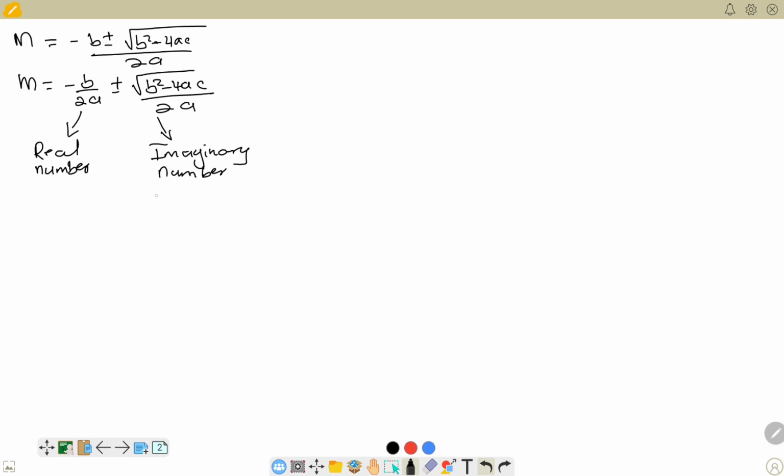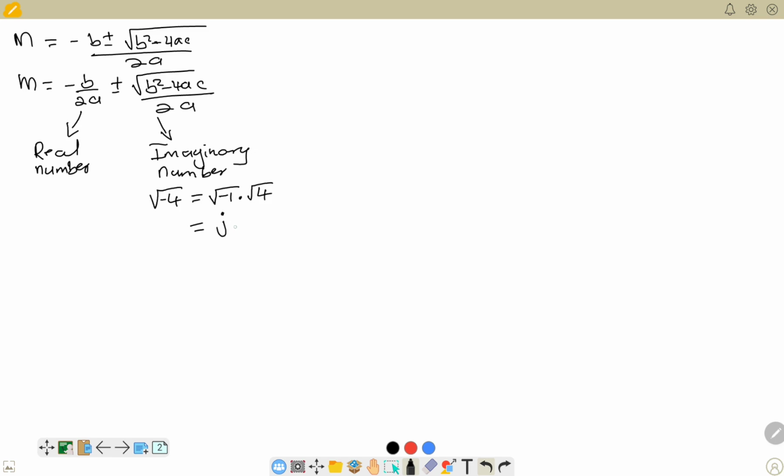So an example of an imaginary number can be the square root of negative 4. When we punch the square root of negative 4 in our calculator, we get a math error. But in complex numbers, we can rewrite it like this: square root of negative 1 times square root of 4. Then the square root of negative 1, we'll call it j.